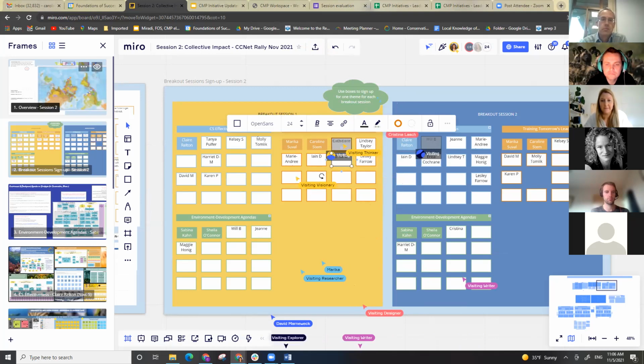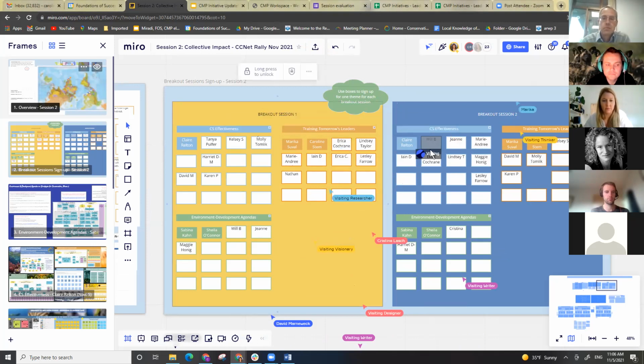This is session 2 of the whole workshop, but there's a breakout session 1 and breakout session 2. It's up at the top to the right in your Miro board.